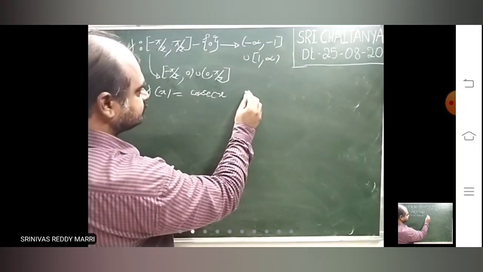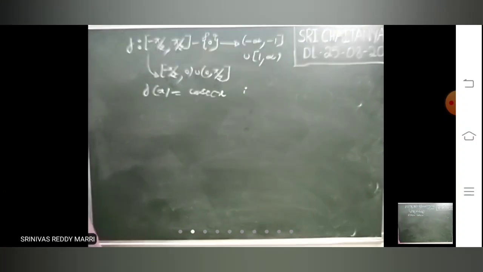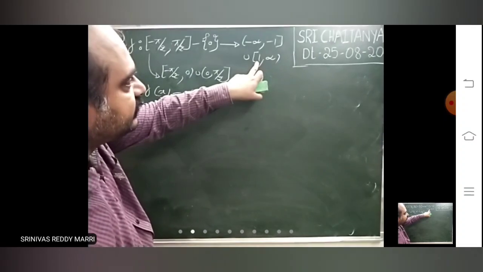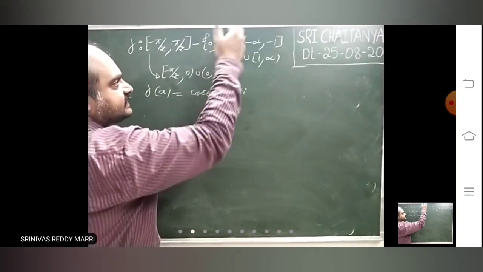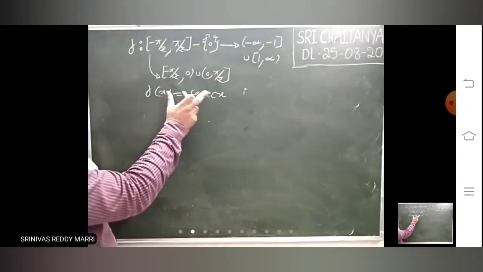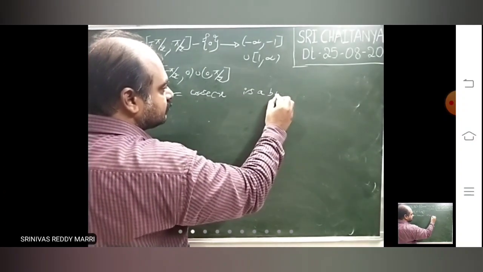It is a bijection. Because the range of cosecant x is minus infinity to minus 1 union 1 to infinity, since cosecant x will be either less than or equal to minus 1 or greater than or equal to 1. That means codomain equals range. Therefore, it is a bijection.